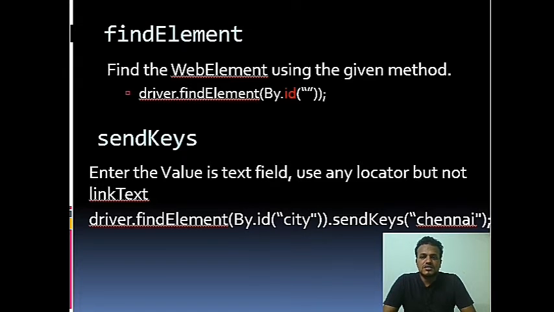Let us see the first line of code to go to a web element. As we discussed earlier in the previous video, we use the findElement method on driver. Find element is the method. It takes the argument of the By class, the abstract class, where you use the method of any locator. Here I have highlighted ID in red color.